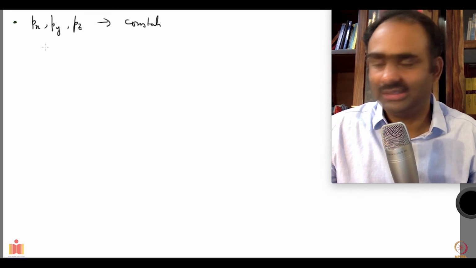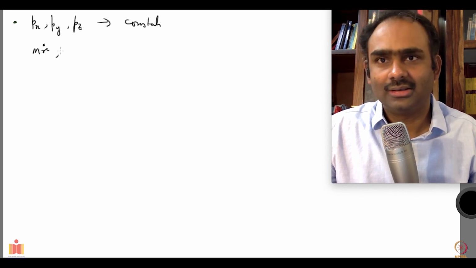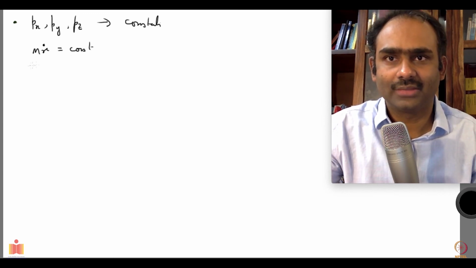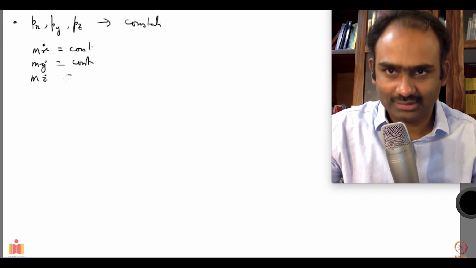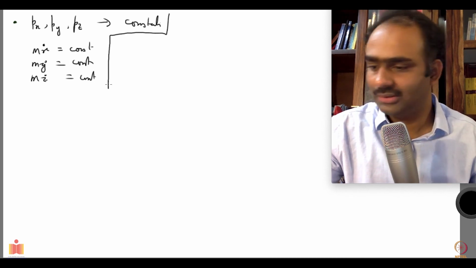Okay, I wanted to write it this way: m x dot is equal to constant, m y dot is equal to a constant, m z dot is equal to a constant. Okay, that's what we saw in the first example.